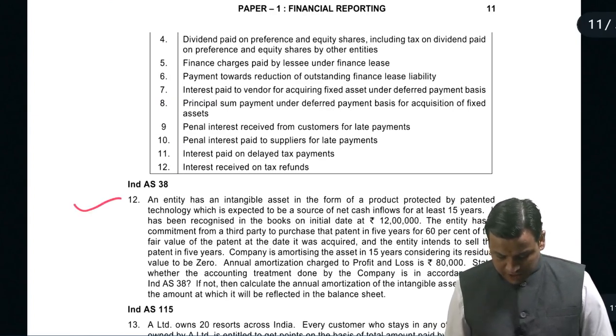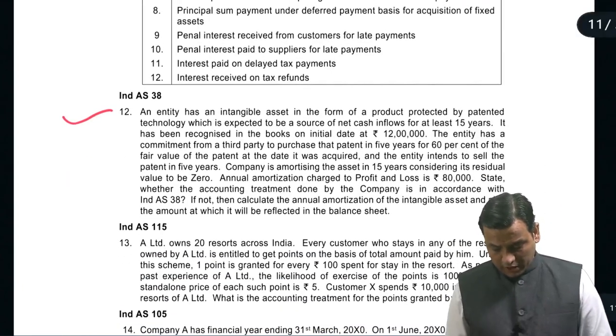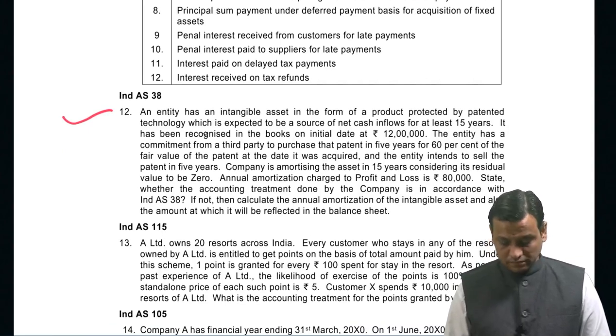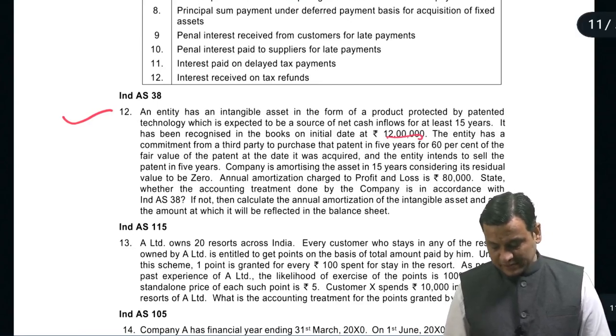So the question says an entity has an intangible asset in the form of a product protected by patented technology, which is expected to be a source of net cash inflow for at least 15 years. It has been recognized in the books at an initial cost of 12 lakh rupees.